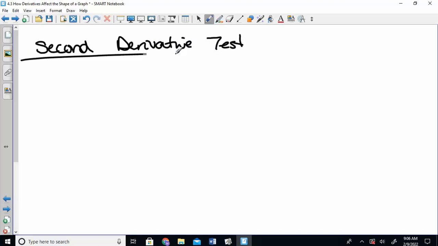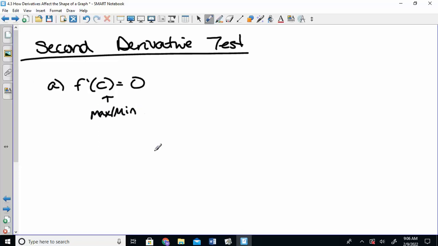We have this box, and we're going to fill in the blanks here. If we have a continuous graph, the first one I said is if the first derivative is 0. If my derivative is 0, what's going on at that point? Horizontal tangent line. So that means it's either a maximum or a minimum, right?